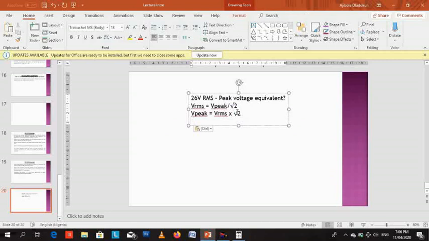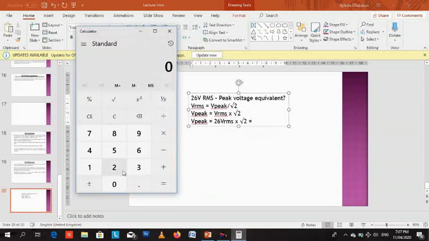So in this case, V peak is VRMS, which is 26 volts, multiplied by root 2. RMS means root mean square. We did that last module. Let's use a calculator.